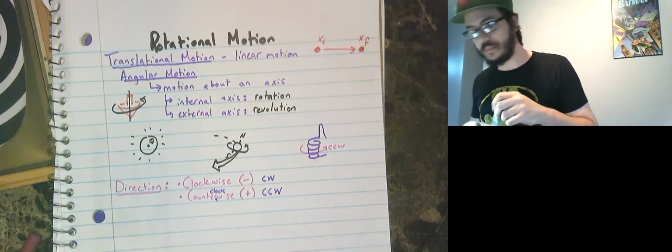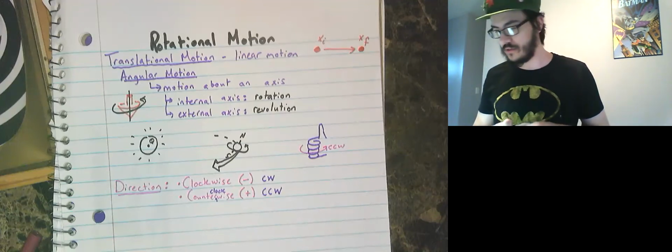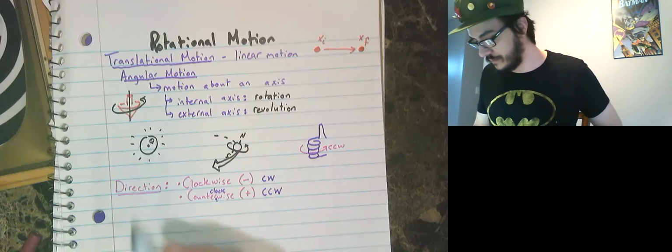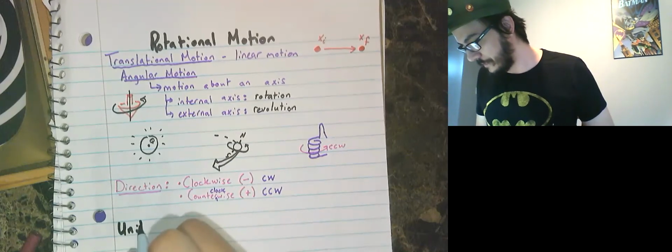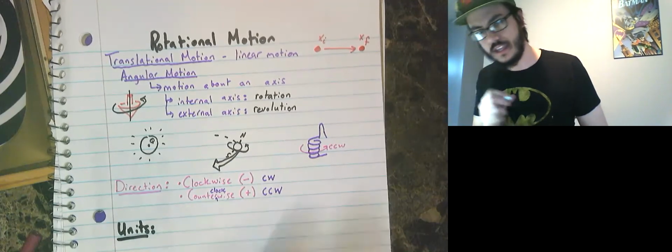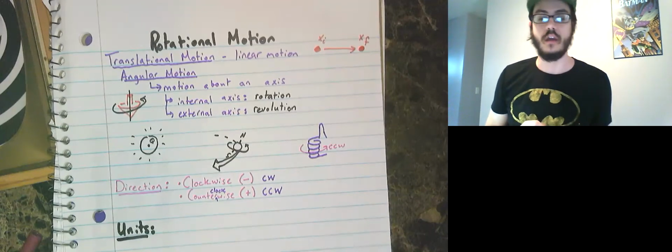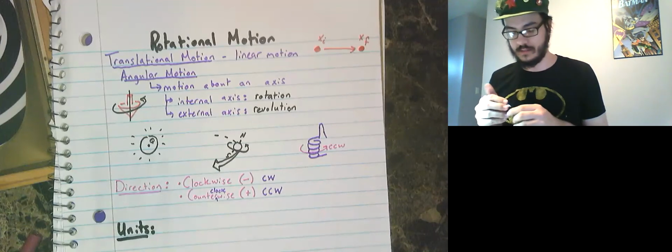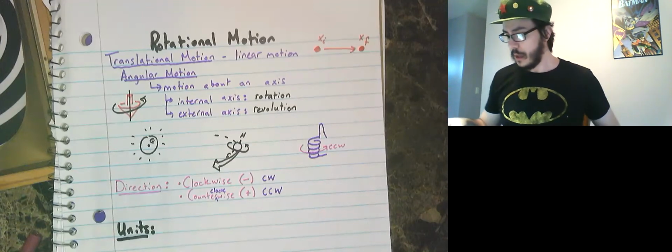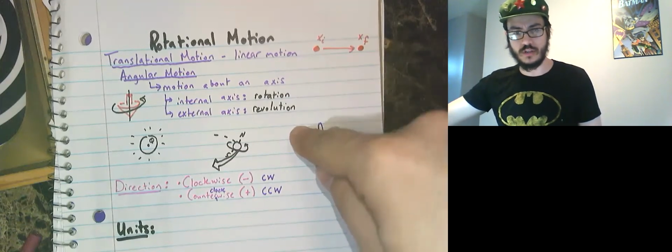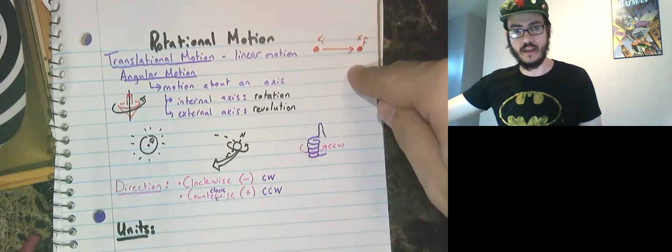The units will be different for rotational motion versus translational motion. Because if you are thinking about meters per second, then you're going to be kind of confused. Because with angular motion, you have to be going in two directions at the same time.